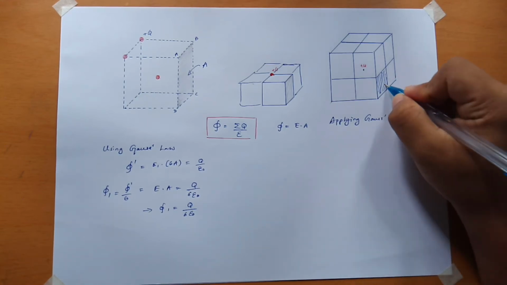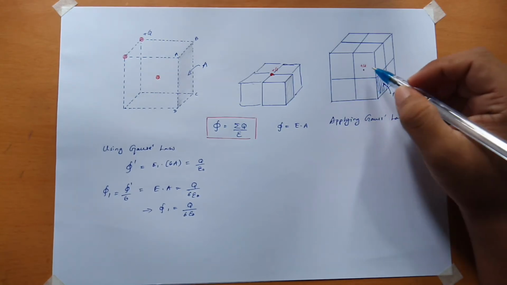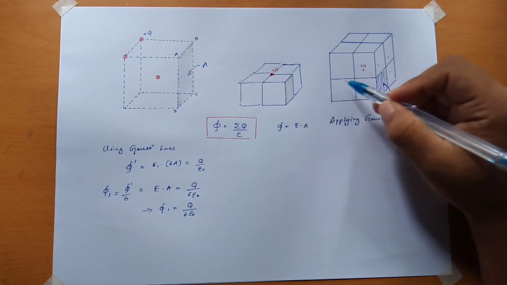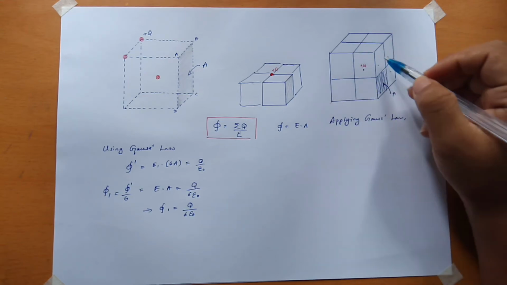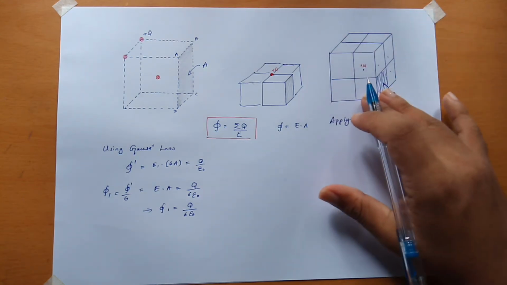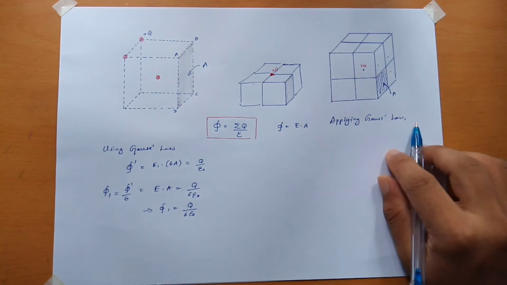Now we know this area is A, therefore the surface area of this large cube is 24A, because each side we have 4A, into 6 faces, so 4A into 6, 24A. So now I have this large cube as the closed surface, and then I can apply the Gauss law.